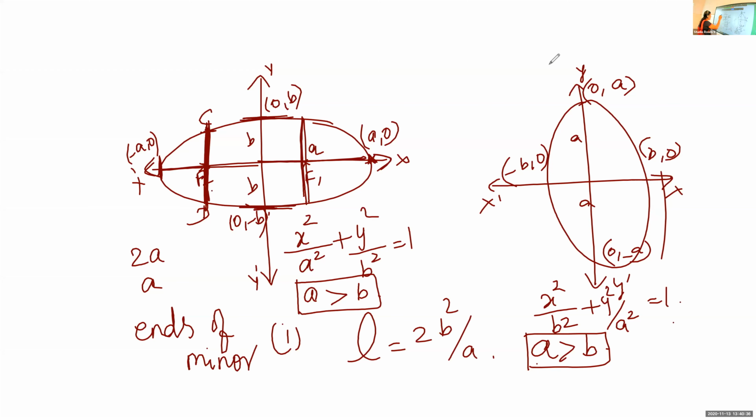It is the line passing through the focus and perpendicular to the axis, meeting the ellipse at the two endpoints. And the length of the latus rectum is given by L equals 2b square by A.